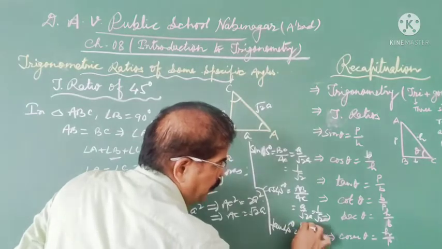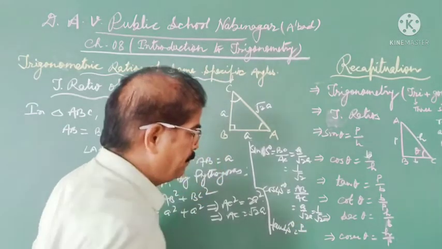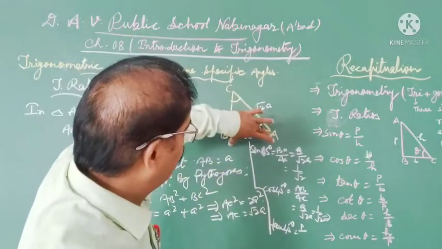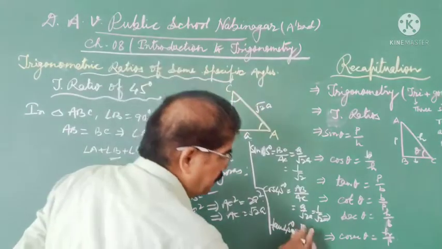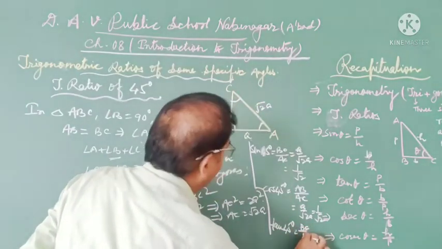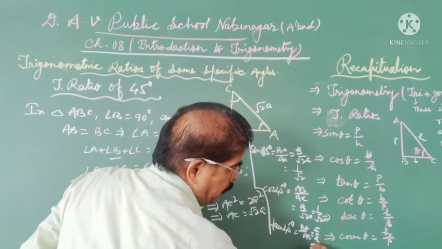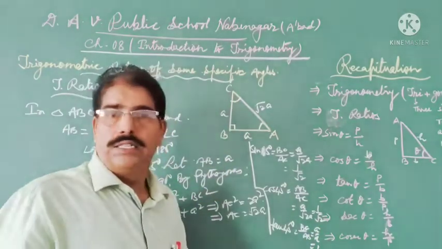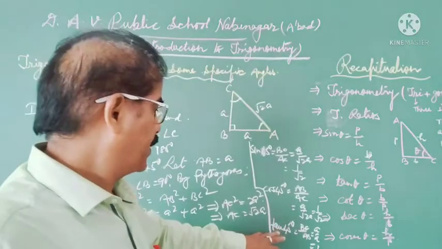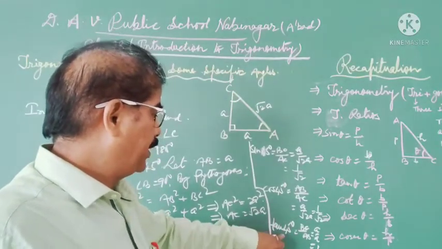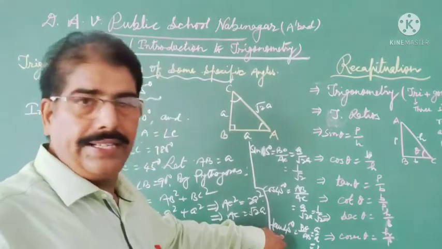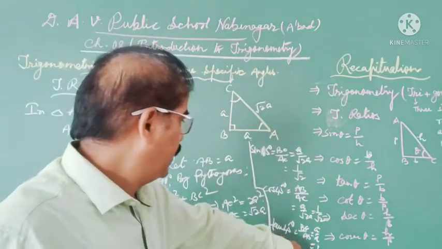And tan 45 is equal to P by B. P is BC, B is AB, so BC by AB, so a by a equal to 1. Similarly, cot 45, reciprocal of tan, equal to 1.